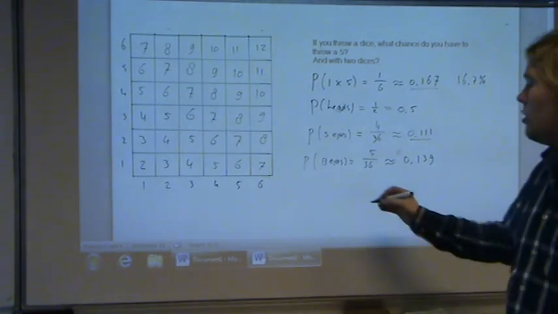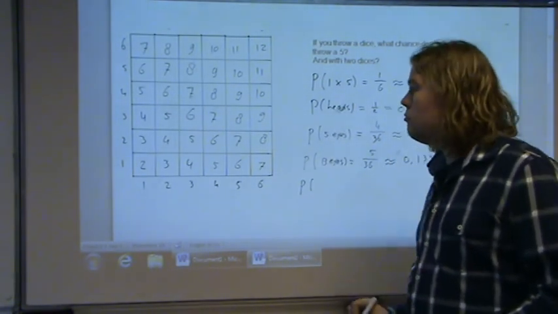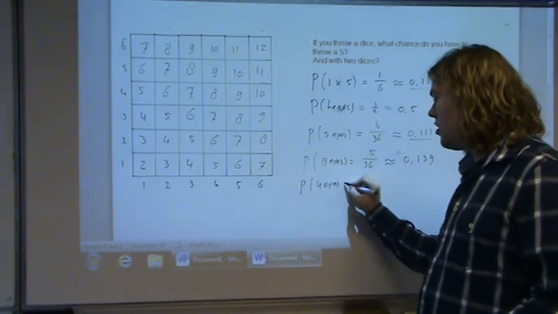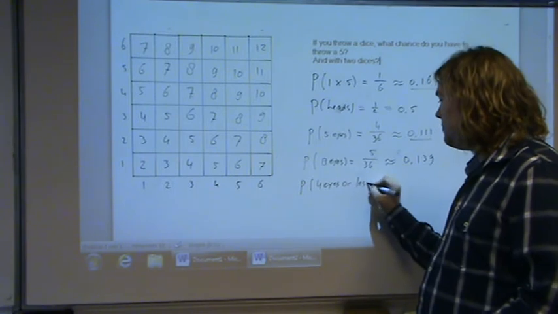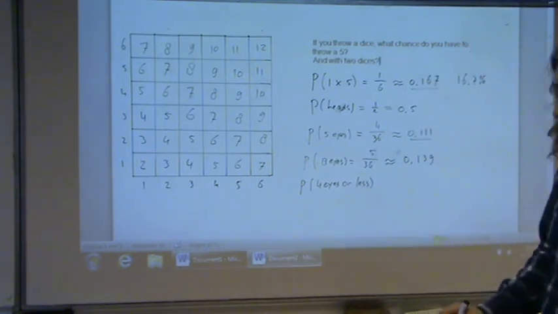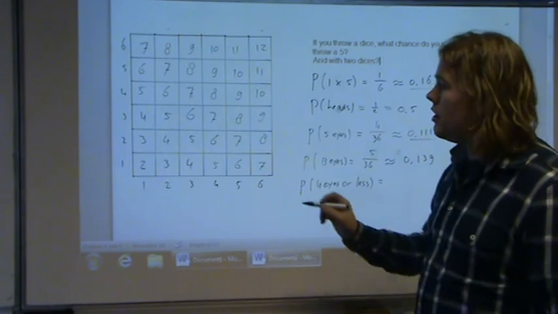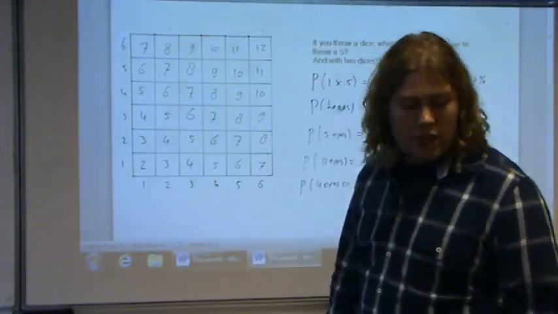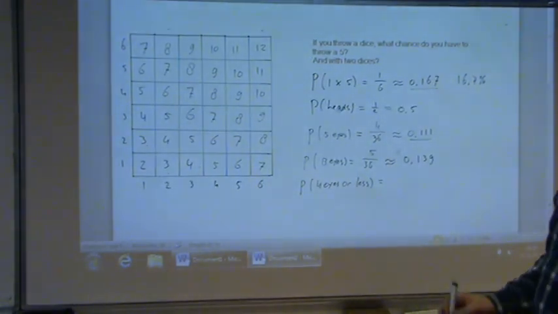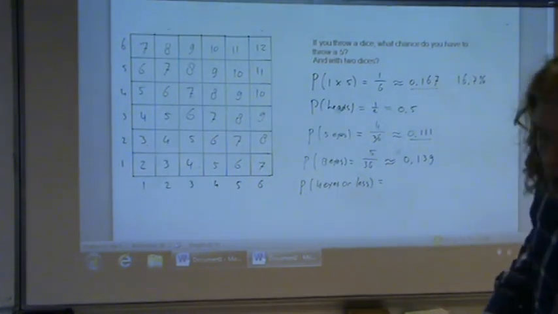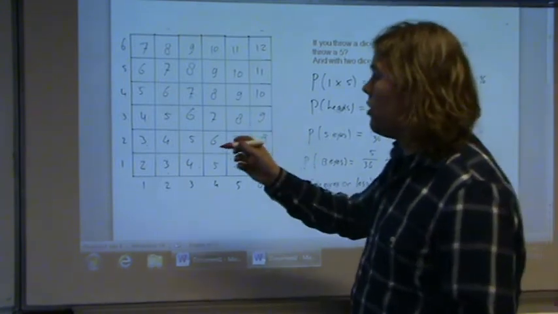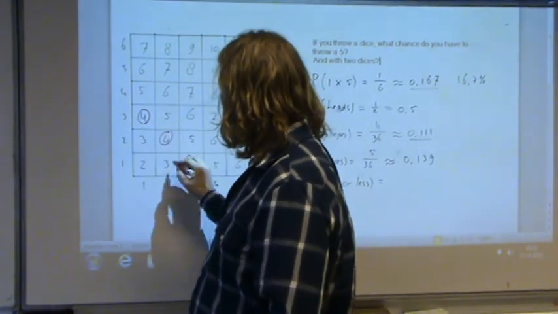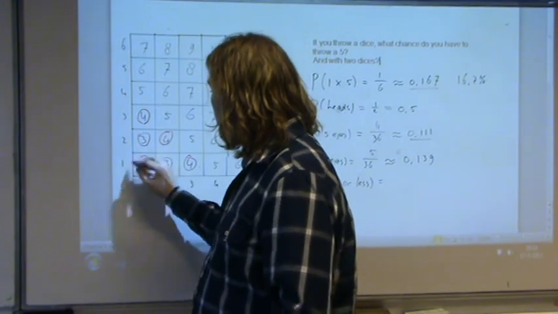Then, well, let's say the chance to get 4 eyes or less. So that's not only the 4, it's not only this one, and this one, but also this one and this one and this one. Now, if you get an exercise like this, you could use colors to mark what you need to use. So we have this one, and this one, and this one, and this one, and this one.